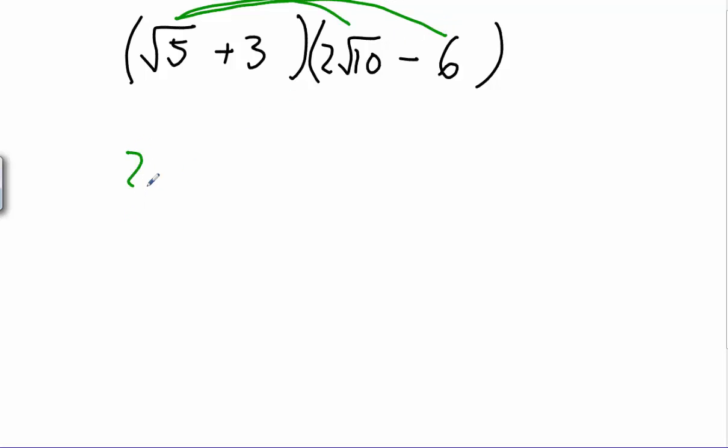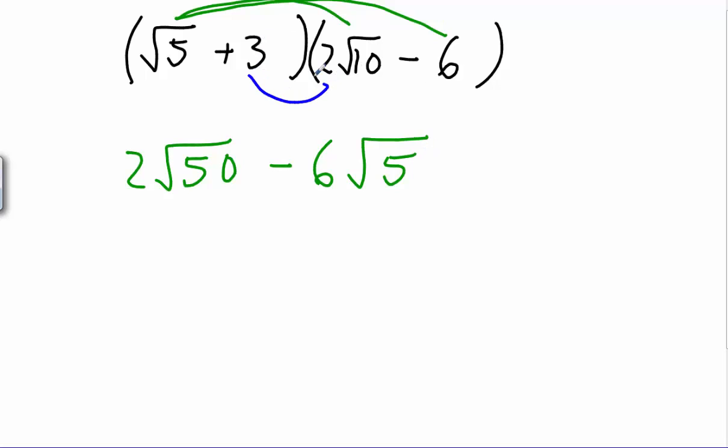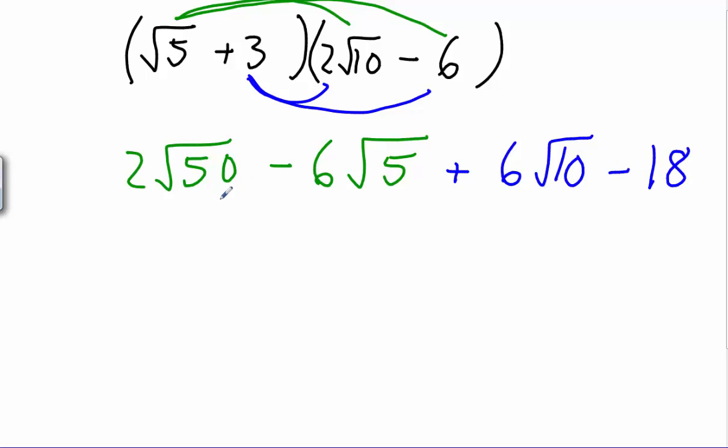So it becomes 2 square root of 50 minus 6 radical 5. Now we have to do the 3. Distribute the 3. So it's plus 6 radical 10 minus 18.